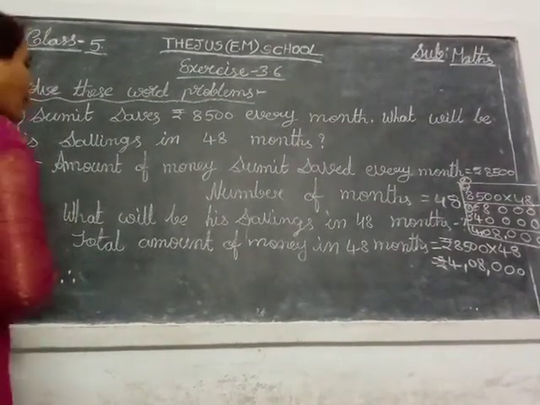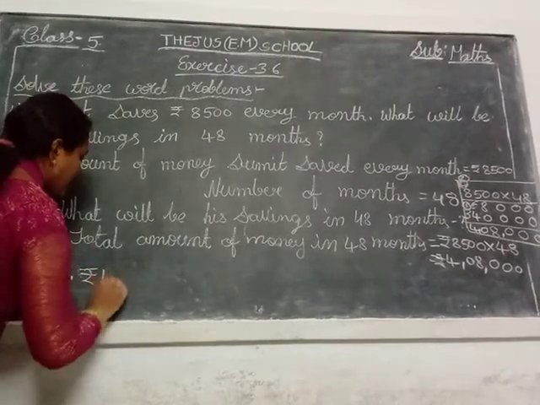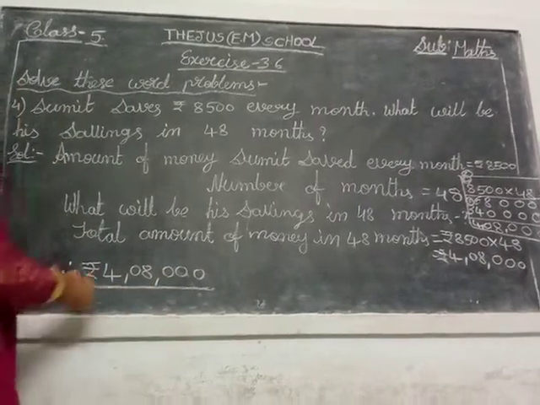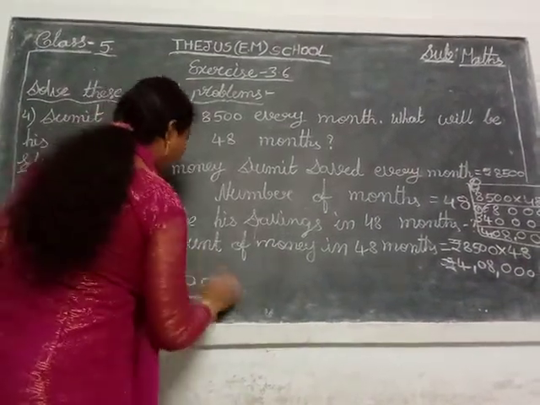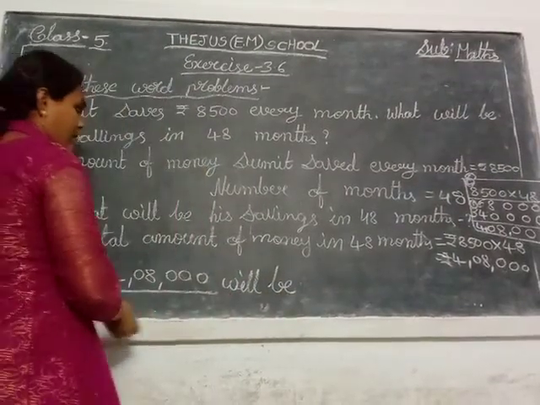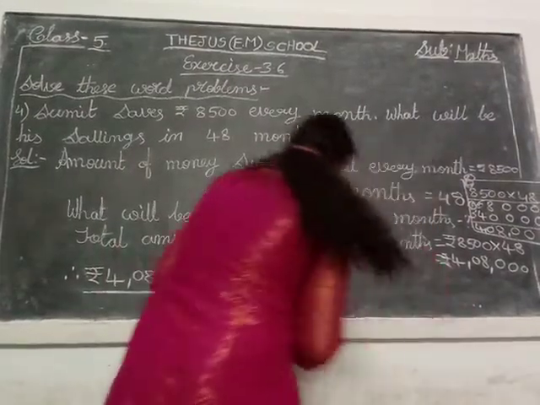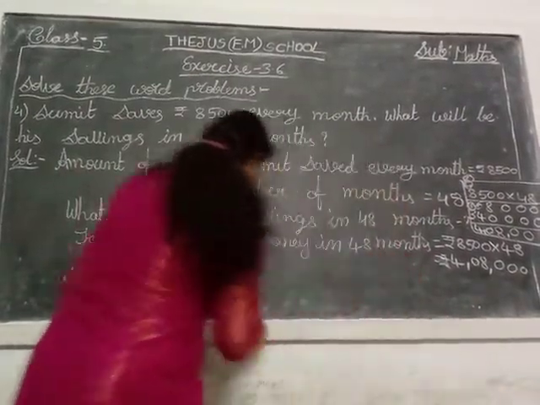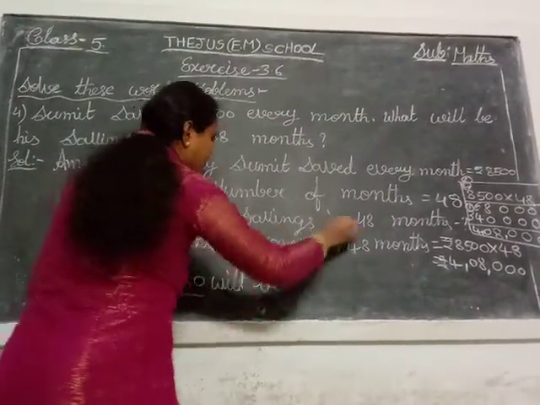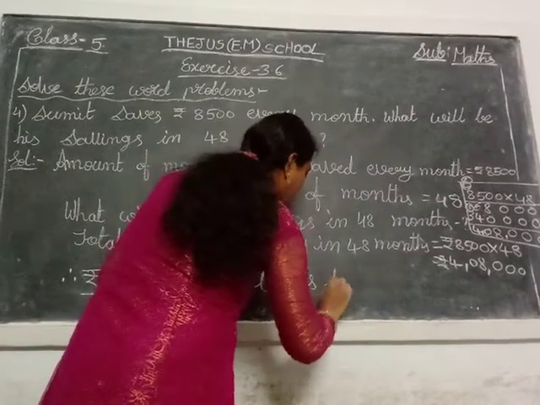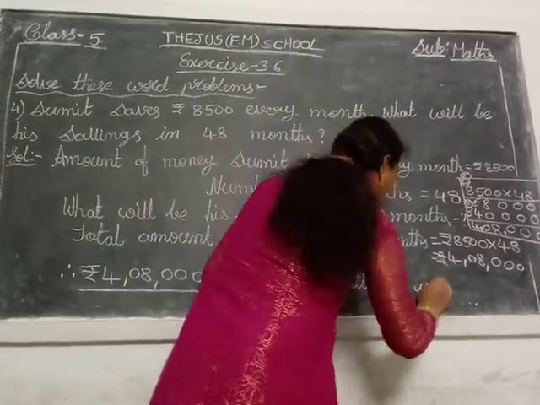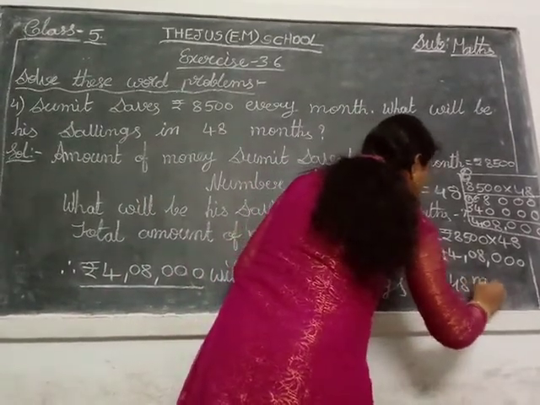Savings amount 4,08,000 rupees. 4,08,000 rupees will be his savings in 48 months.